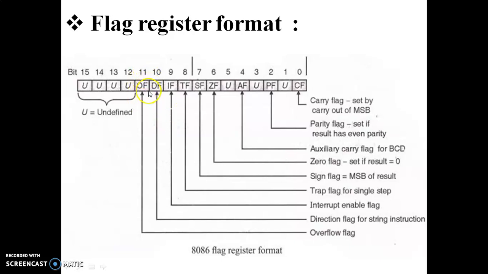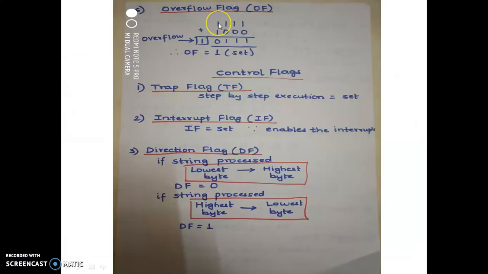Then the 11th bit is OF. OF stands for overflow flag. Now overflow flag. So here if you look at the example of overflow flag, it is 1 1 1 1. We are adding it with 1 0 0 0. Both the numbers are of 4 bits. So actually the answer expected is of 4 bits only.